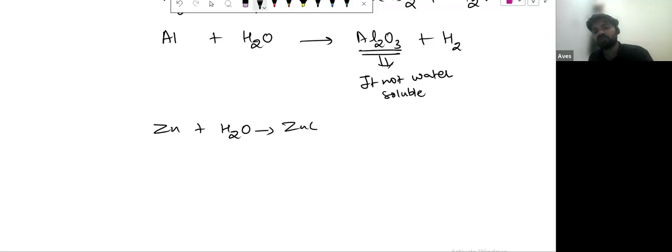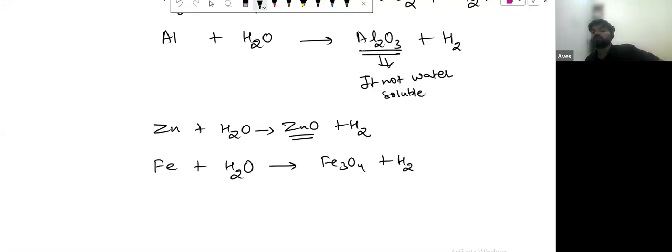It forms zinc oxide plus hydrogen gas, dear student. It does not form zinc hydroxide. Similarly, when iron, Fe, reacts with water, it forms Fe3O4 plus hydrogen gas. So you need to memorize this.